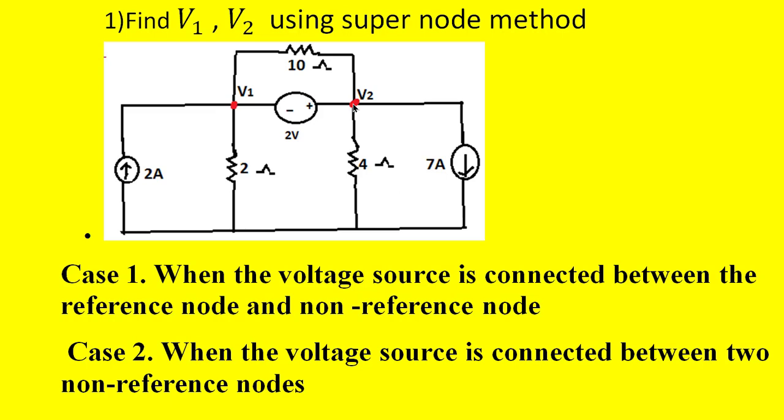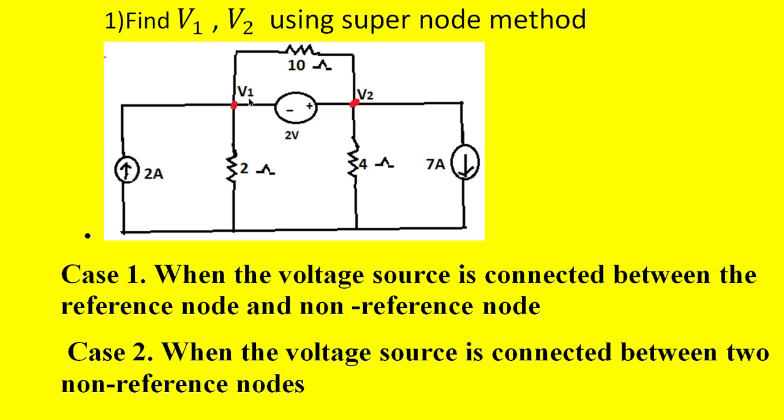What is meant by node? A node is nothing but the joining of 2 or 3 points, or normally 3 elements at one point, which is called a major node, or simply a node. If you look at this, this is one element, this is another element, and so on. 4 elements are meeting at one point.